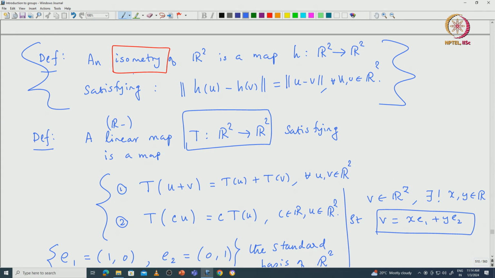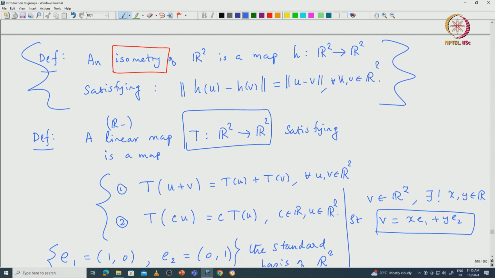First of all, we want to understand a given isometry. By definition, an isometry is just a map that preserves distance. In particular, you can say an isometry is nothing but an injective map. Whenever you have two points u, v, if the distance between u and v is 0, then they are the same.